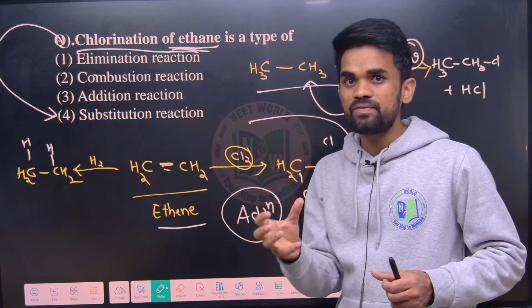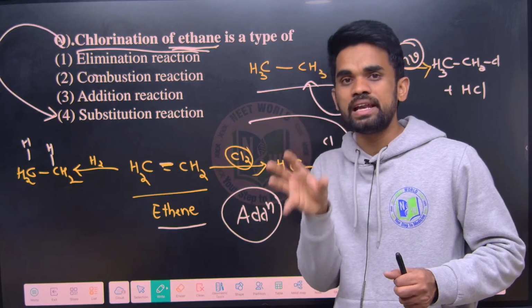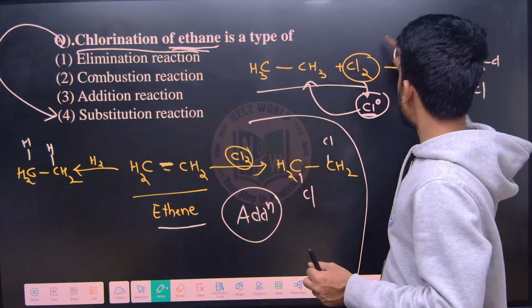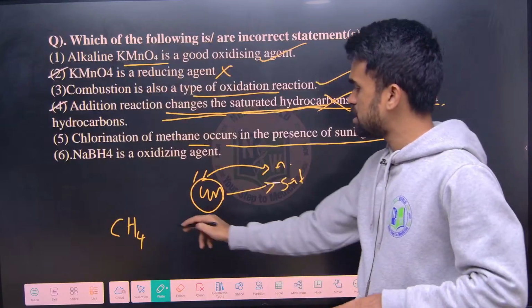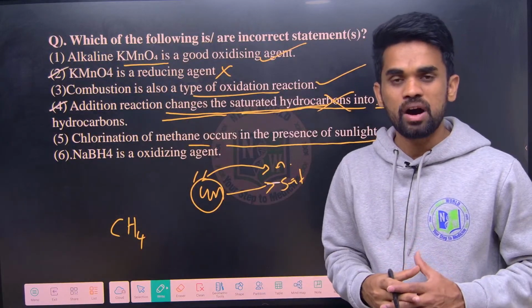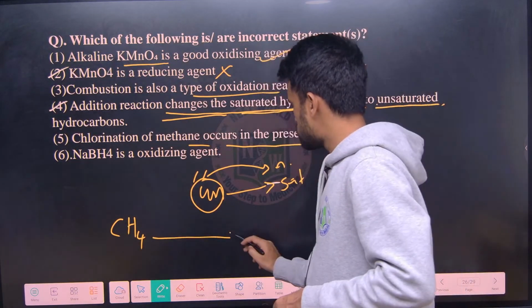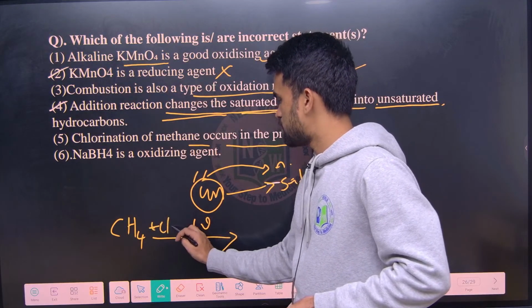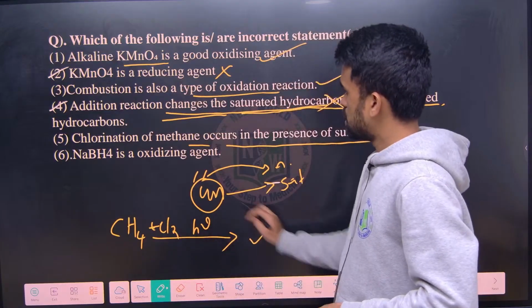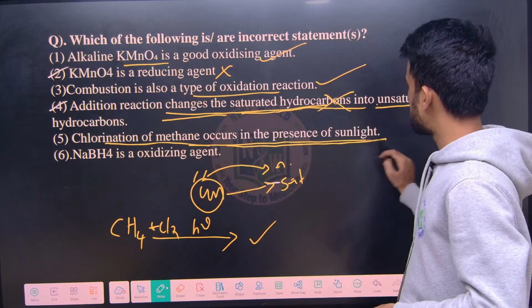So reactivity of alkanes is very, very less. That's why we require high temperatures or sunlight or suitable frequency. Methane is also a simple example of an alkane, so it also requires sunlight for chlorination. So this is correct: chlorination of methane occurs in presence of sunlight.